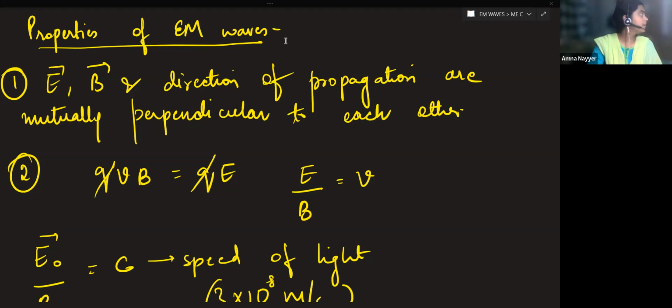So if your electric field is along the y-axis, your magnetic field is along the x-axis, so the direction of propagation will be along the z-axis. All these three should be mutually perpendicular to each other. What is meant by mutually perpendicular?